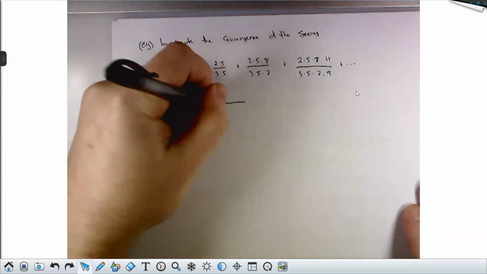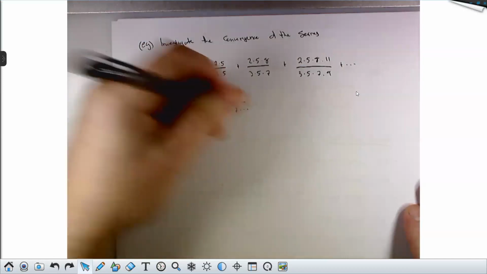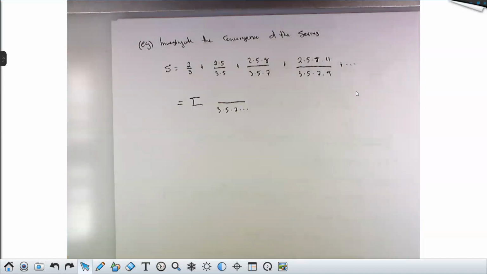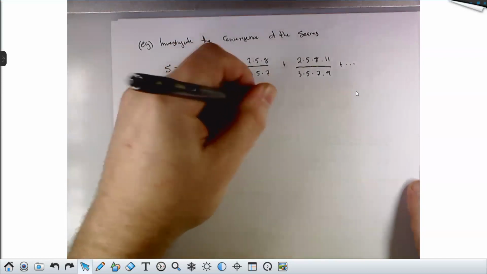The denominator I would write is like 3 times 5 times 7 out to, what form do these numbers all take? These are all, let's see, is it all the odd numbers? It is, yeah, this is 2n plus 3 if we want to start the series out at 0, or I'll start it at 1 and we'll say it goes out to 2n plus 1.